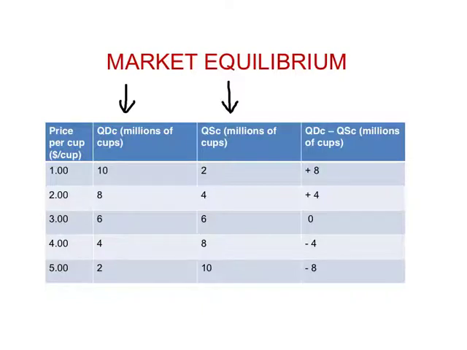Now, to understand how prices are determined, keep two things in mind. Number one, this demand schedule that we drew up is based on the assumption that consumers know how much they will demand at each given price. But if you ask me how much I would be willing to buy at each given price, I just don't know.